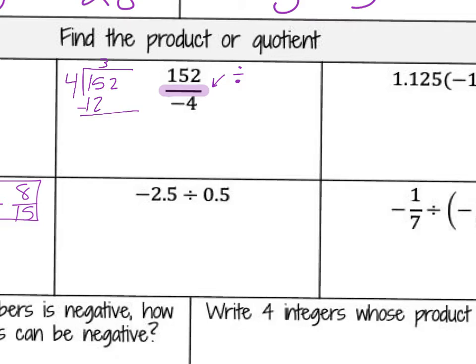Okay, 5 minus 2 is 3. The 2 comes straight down to 32. 4 goes into 32 8 times. Yes, with a remainder of 0. So 38 is our number component. And we have a positive divided by a negative. Those are different signs, so my answer is negative 38.